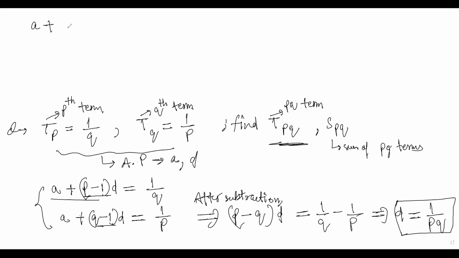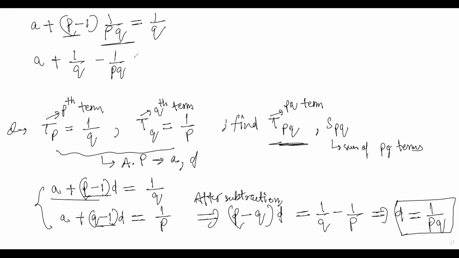A plus (P minus 1) into D, where D is 1 by PQ, is equal to 1 by Q. So this will become A plus P into 1 upon PQ, which is 1 by Q minus 1 by PQ, is equal to 1 by Q. This cancels. So A is 1 by PQ. Your A is 1 by PQ and your D is also 1 by PQ.